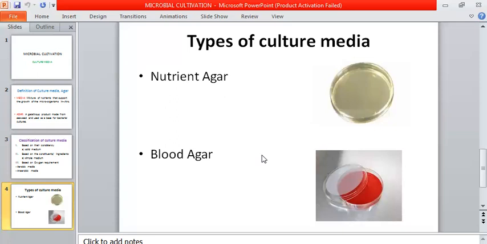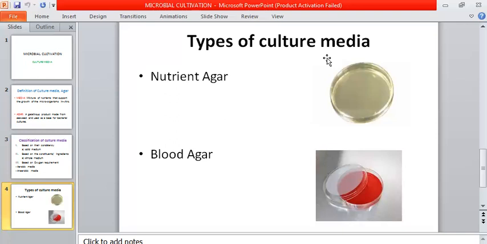When you look at the blood agar, you can see it is not similar to the nutrient agar, which means that there is an addition of blood into that particular media. So apart from the normal standard ingredients used to prepare the media, we have an addition of blood into it.